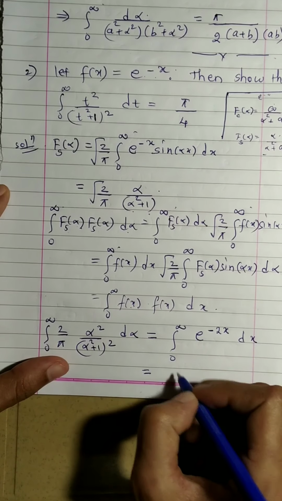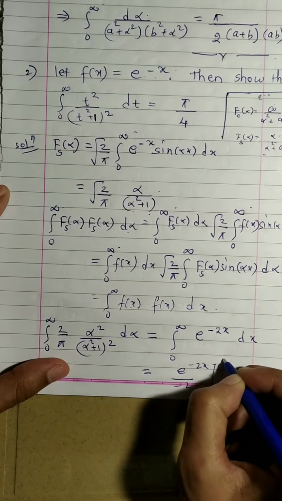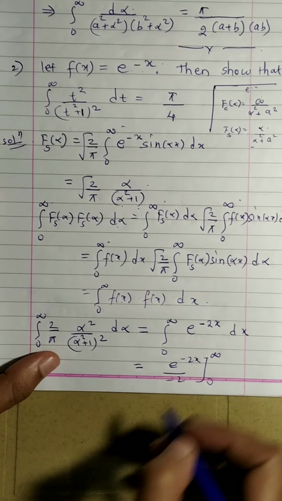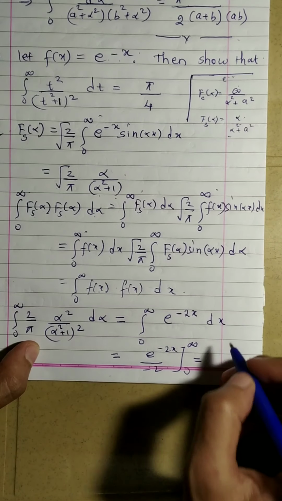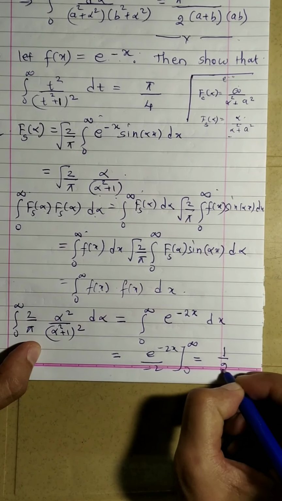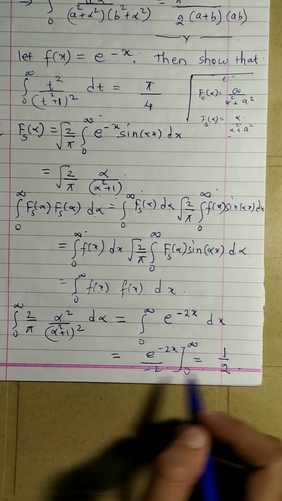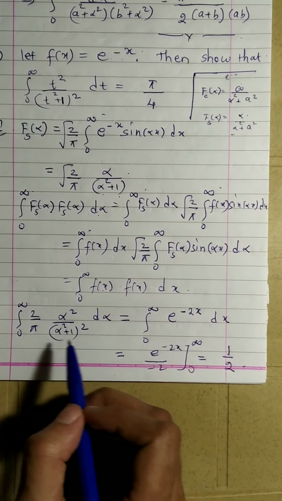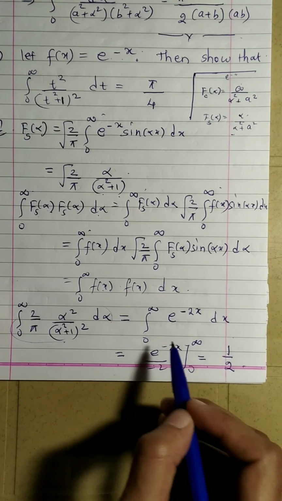So this will be equal to e raised to minus 2x over minus 2, from 0 to infinity, and this will come out to be equal to plus 1 upon 2, infinity giving 0 upon 2. Yes, and then if you see, this is equal to 1 upon 2.